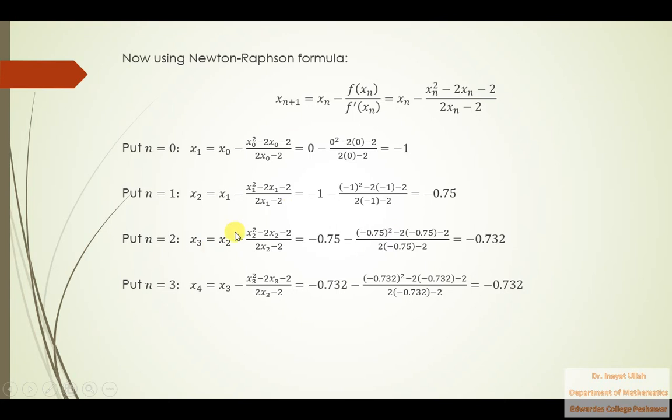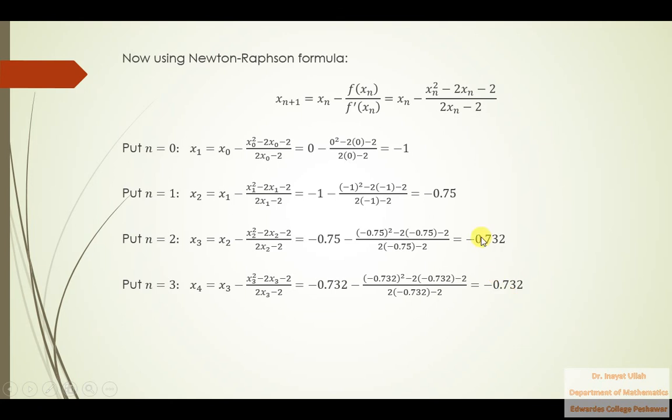Whenever we put n is equal to 3 in this equation, we will get x4 on this side and x3 on that side, but x3 is actually minus 0.732. So replacing x3 by minus 0.732, we will get this answer.